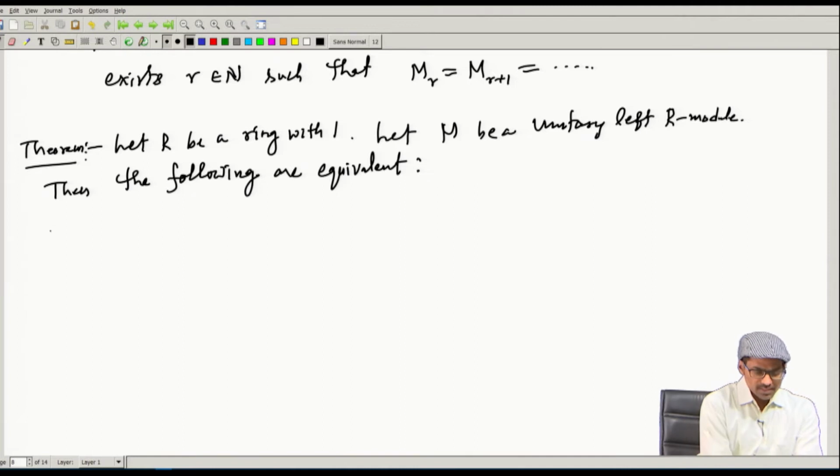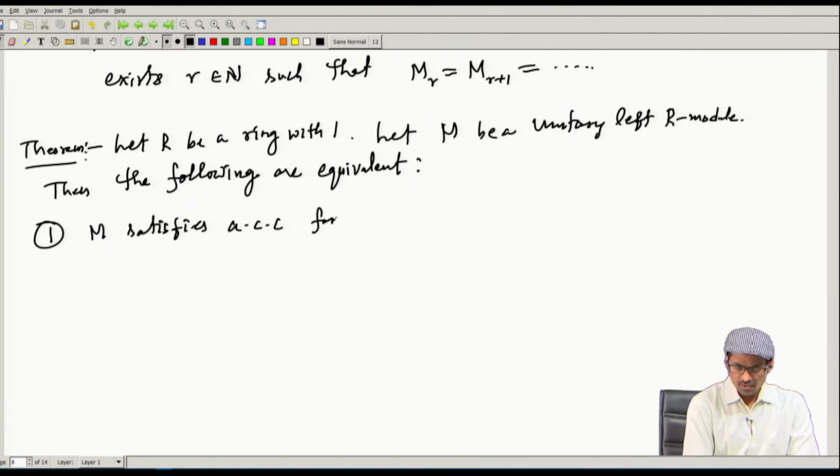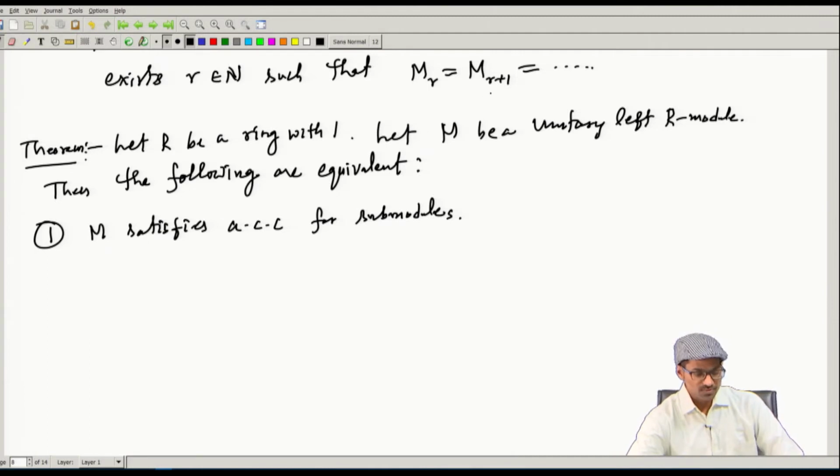The first one is that M satisfies the ascending chain condition for submodules, like what we defined above.